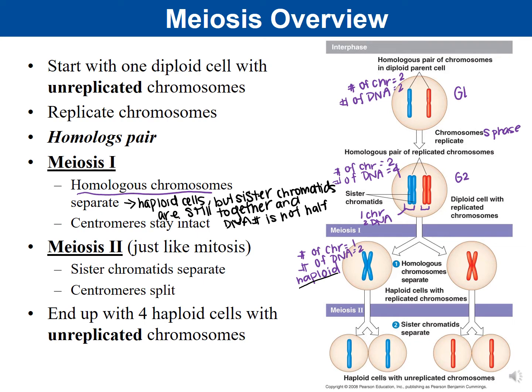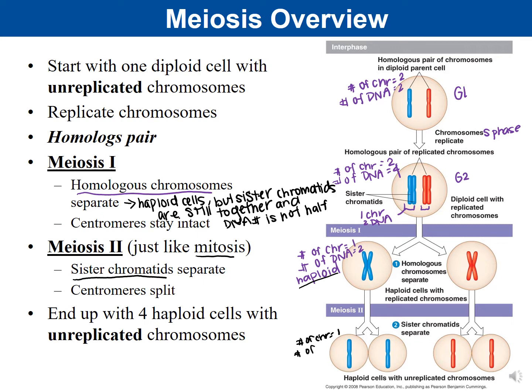Now, you might recall that mitosis is going to split sister chromatids. So meiosis 2 is just like mitosis. So now the chromosomes are going to line up single file, and sister chromatids are going to separate. And so when they do, if you look at the end, we end up with 4 cells. If you look at one of these cells, number of chromosomes is 1.